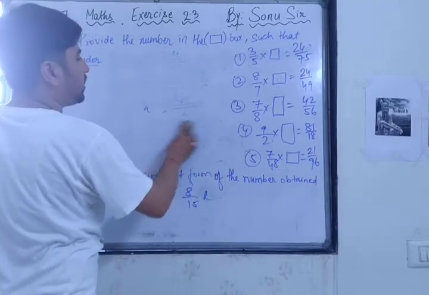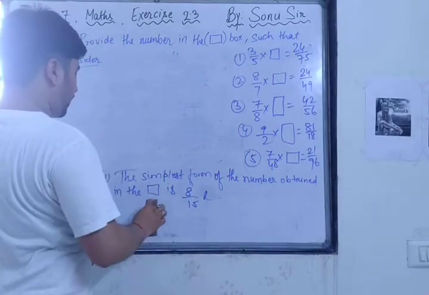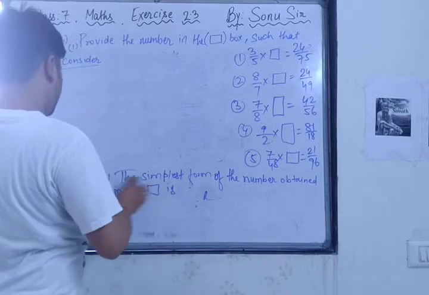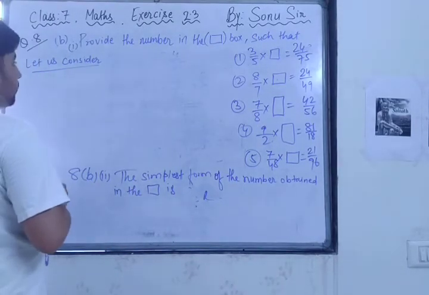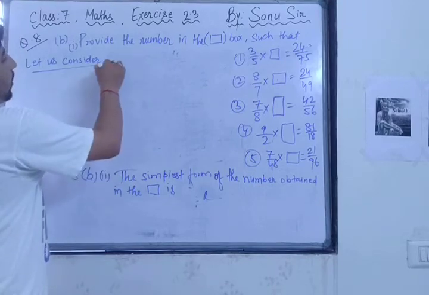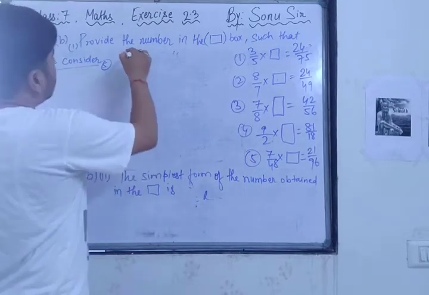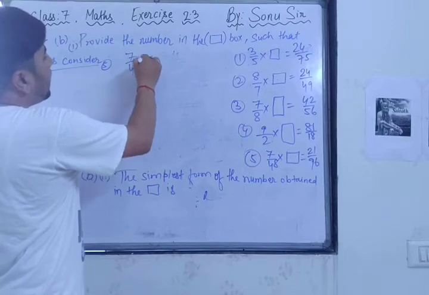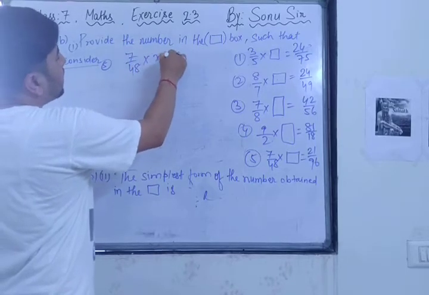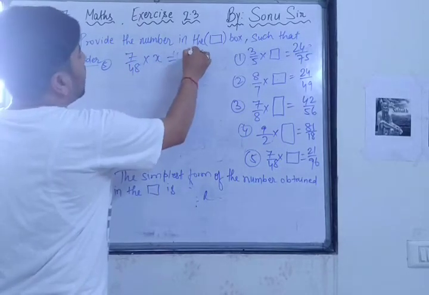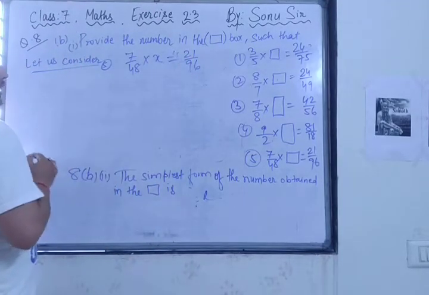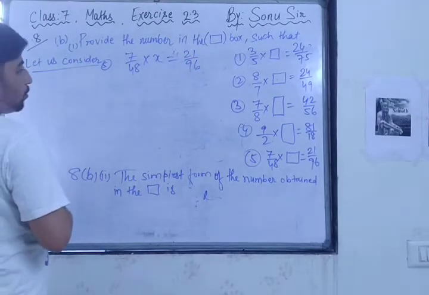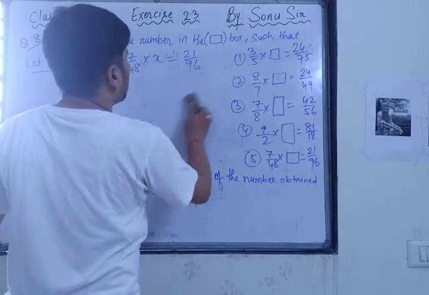This is your questions. The first we have already solved. Now here you can just check the 5th one. Okay, let us consider 7 by 48 into x is equal to 21 by 96. Got it? See, same type, nothing different we are going to do. Only we must know the concept.